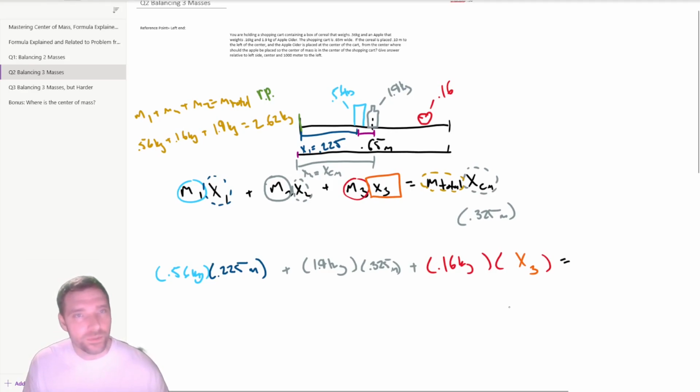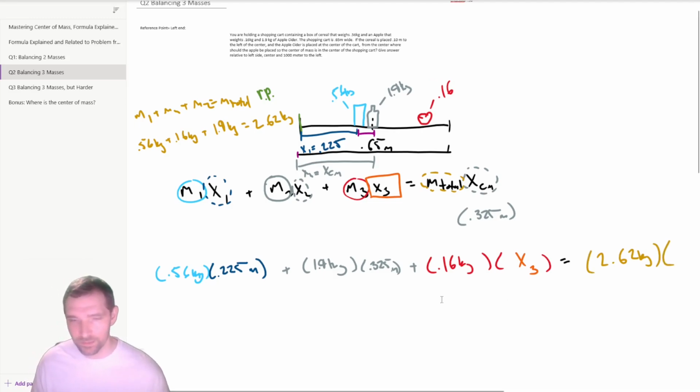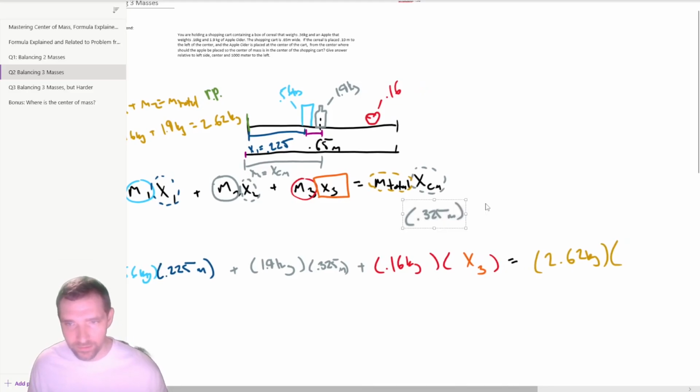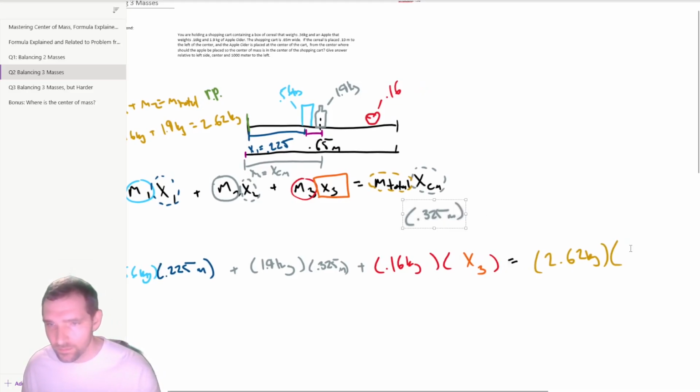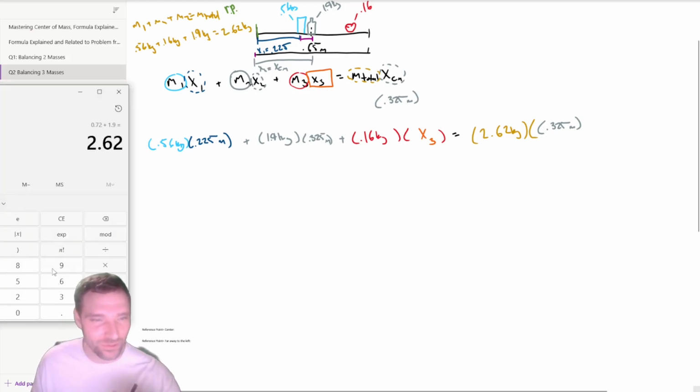We have M total, 2.62 kilograms, times our displacement of the center of mass, and this is where you want to be careful with all of your math. It'll take us a bit of time to do it, but we should be able to do it.